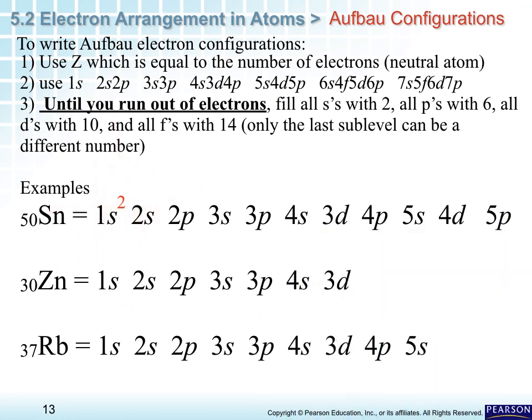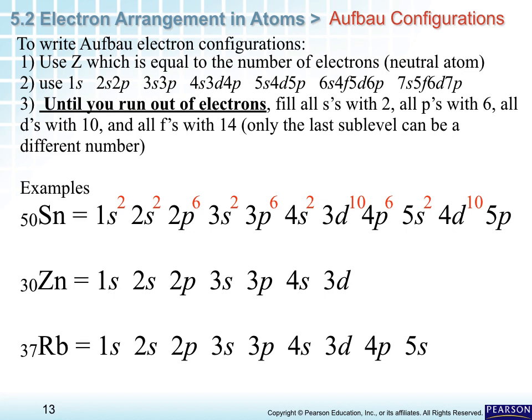If we're writing an electron configuration, and I want to write it for tin, I find on my periodic table tin is number 50. So when I'm doing this, I want to figure out how I will fill it. In order to figure that out, I use Z, which is the number listed on the left and bottom. That's the atomic number, and that's going to be equal to the number of electrons.